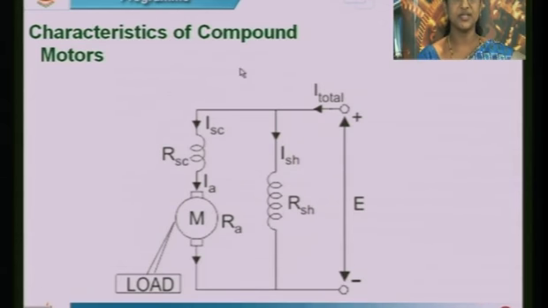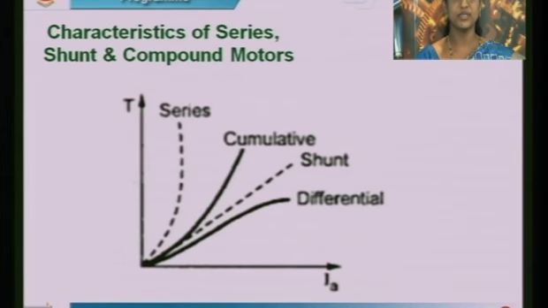Since you are connecting both the shunt winding and the series winding, the characteristics of compound motors can be obtained by the combined effect of DC series motor and DC shunt motor characteristics. That is why I have compared the series motor and shunt motor with the cumulatively compound and differentially compound. This is the torque versus IA characteristic for series and this is for the shunt motor.